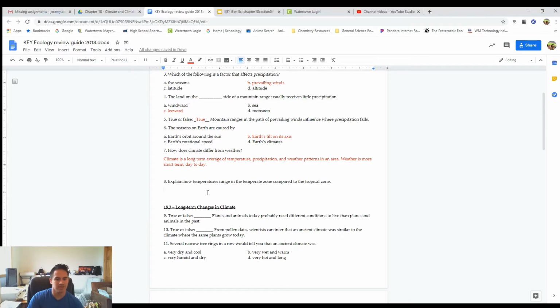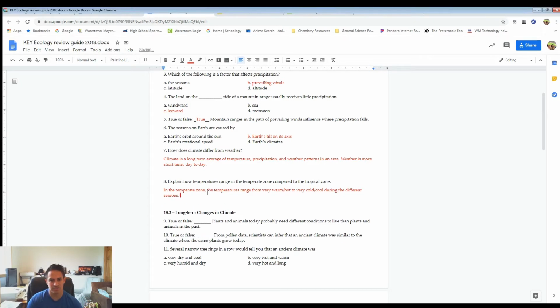So we can say in the temperate zone, the temperatures range from very warm or hot to very cold or cool during the different seasons. In the tropical zone, they don't have seasons. It is primarily warm all the time.